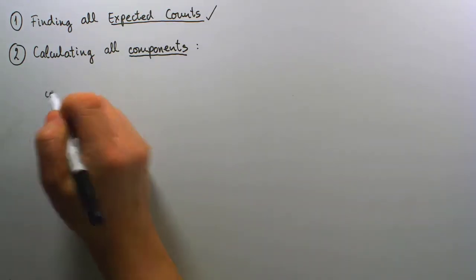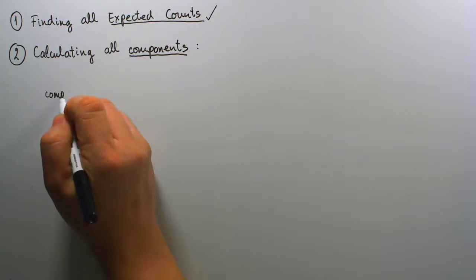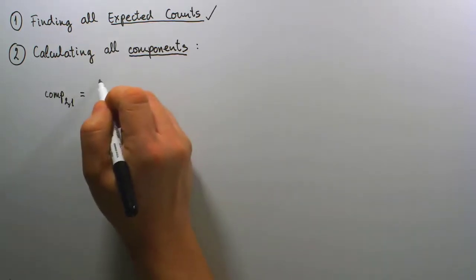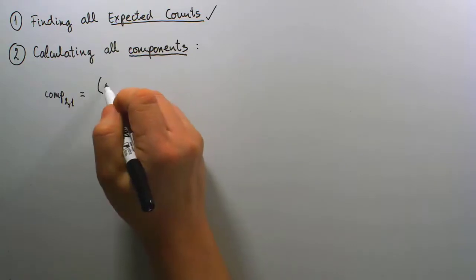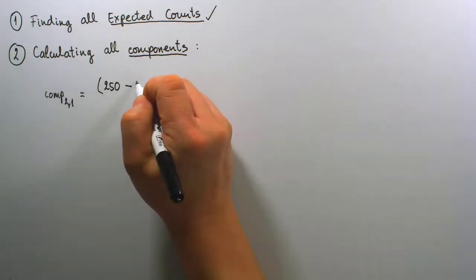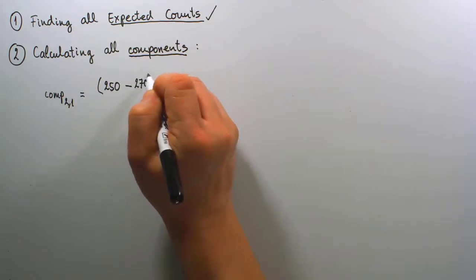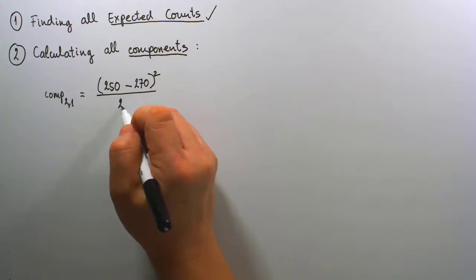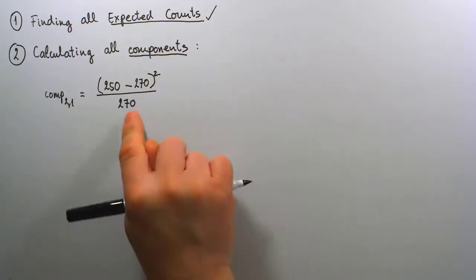Now let's calculate the component value for row 2, column 1. My observed count there is 250 minus the expected count there, 270. Square the difference and divide that by 270, the expected count in the same entry.